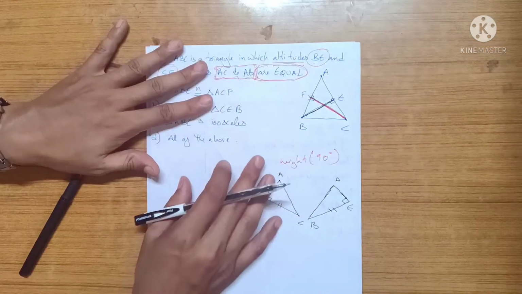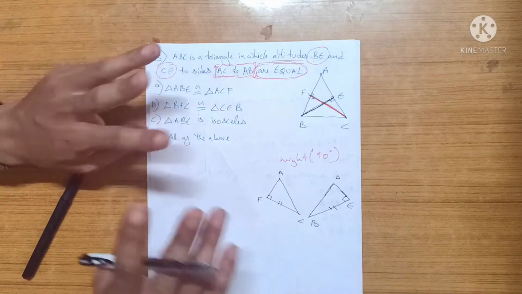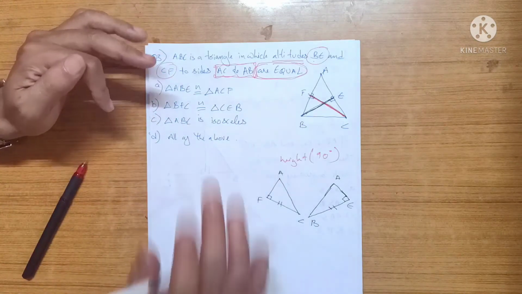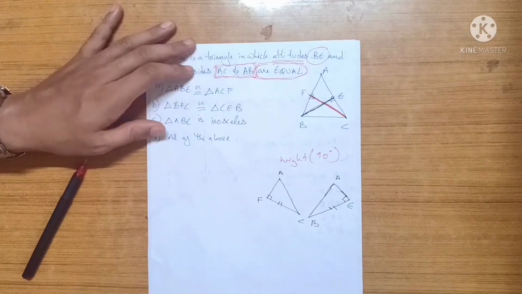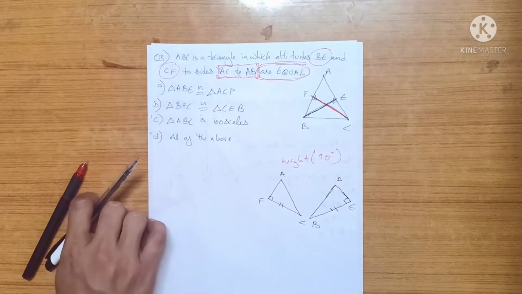Like you already know by now, to prove a triangle is congruent to the other triangle, we need at least 3 things: 2 angles and one side, or 2 sides and one angle, or 1 right angle, 1 hypotenuse, one side. So we need one more. Which one do you think it will be?